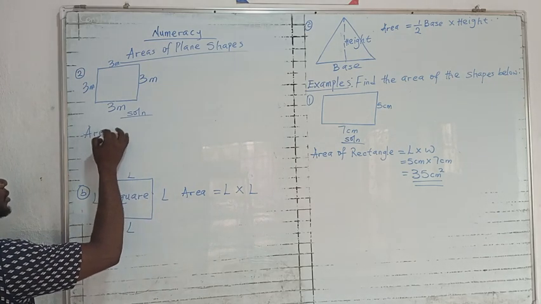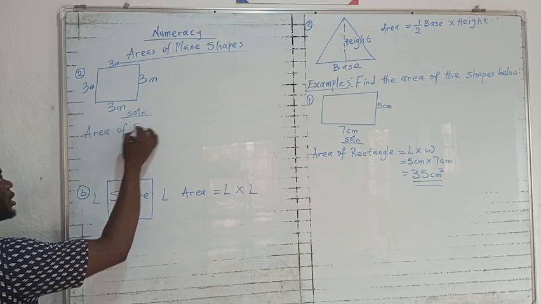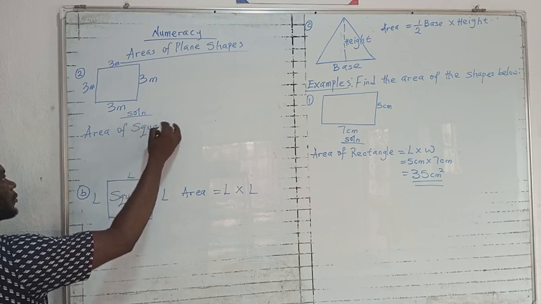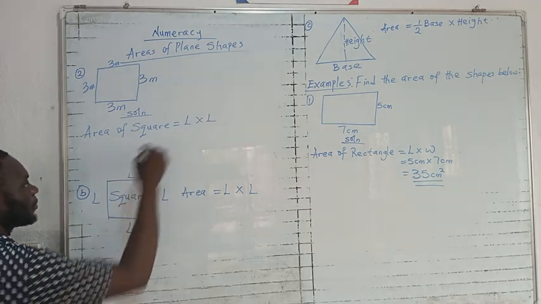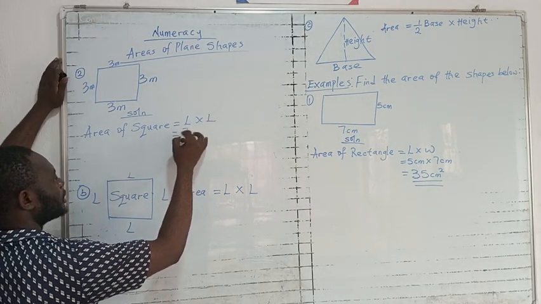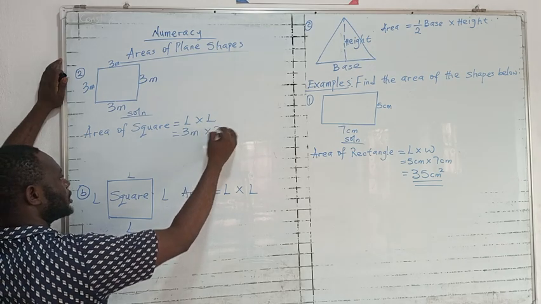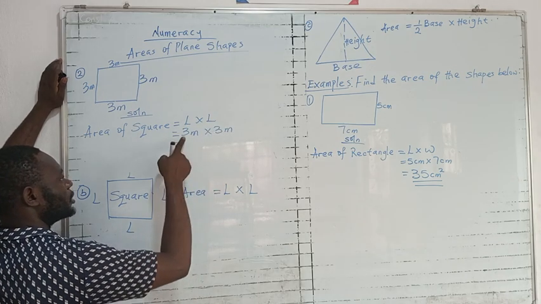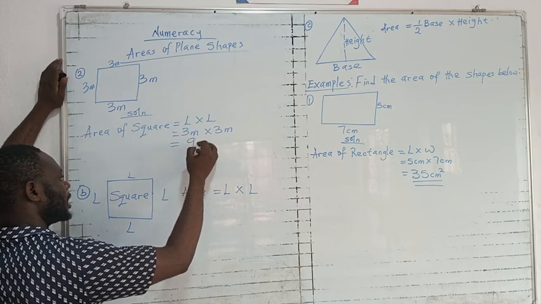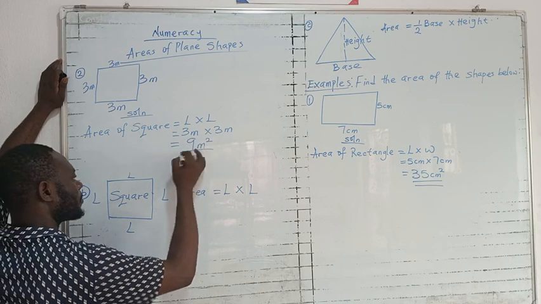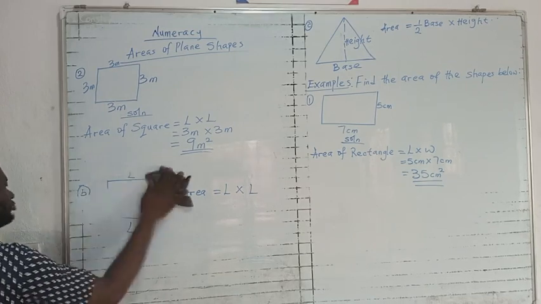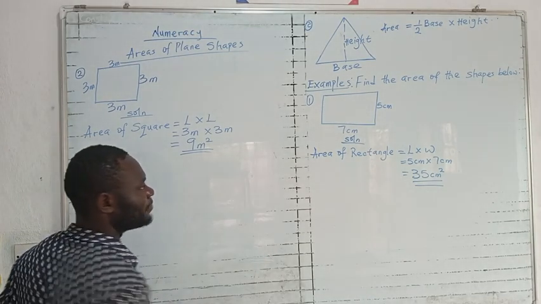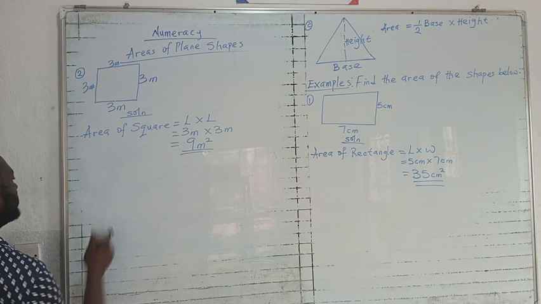Area of square equals length times length. And what are the lengths? 3 meters times 3 meters. 3 times 3, 9 meter square. Difficult? No, it's not. Simply apply the given formula.